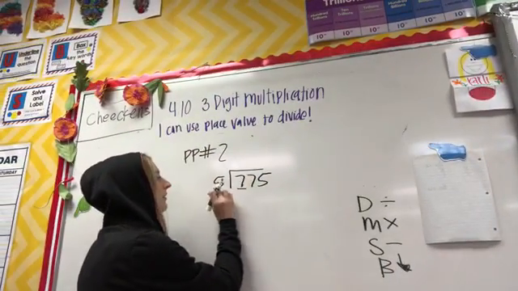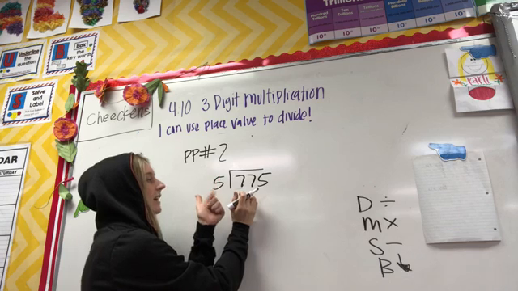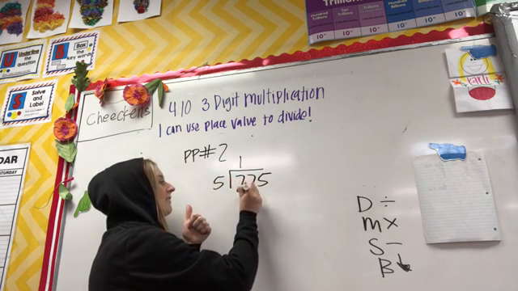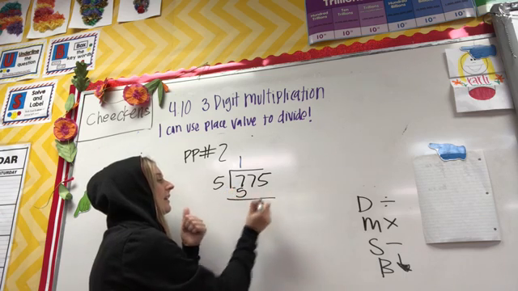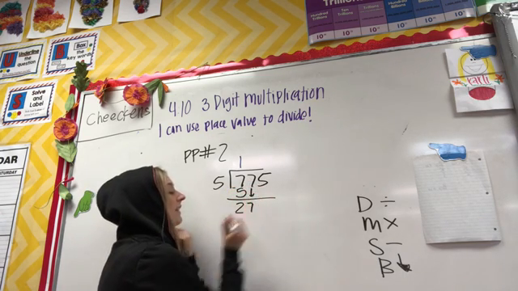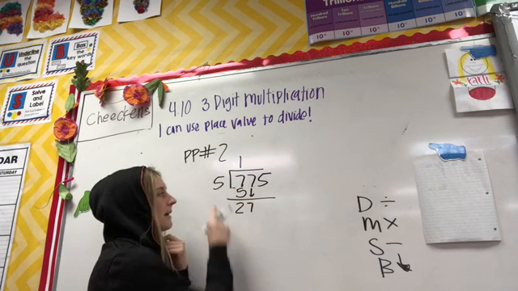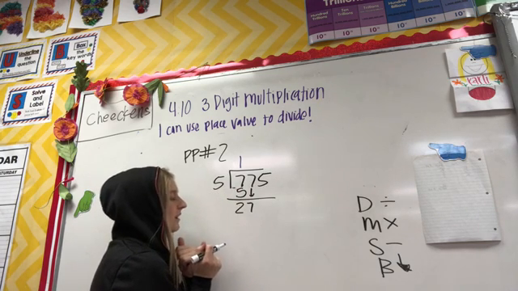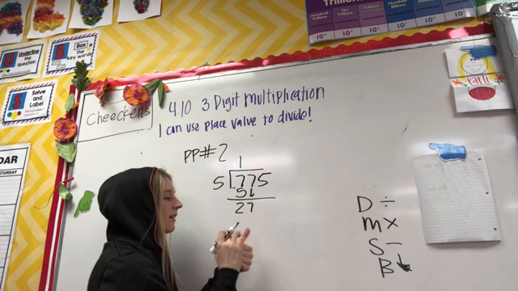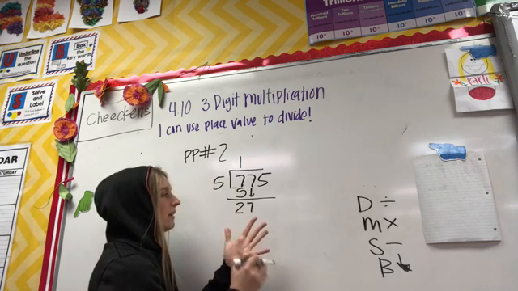Start in the ones. 5 can go into 7, 5, 10. Oh, too big. So back one, just once. 5 times 1 is 5. Then we subtract. 7 minus 5 is 2, and then I bring down. Then I repeat the whole process. Okay, 5 goes into 27 how many times? 5, 10, 15, 20, 25, 30. Oh, too many. So go back one to 5.